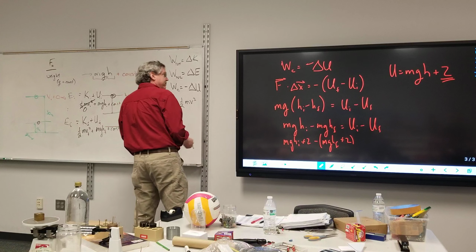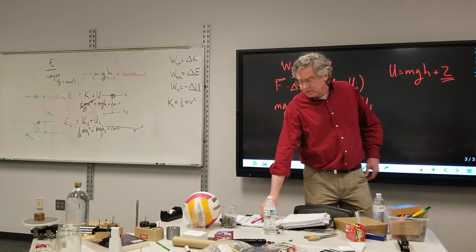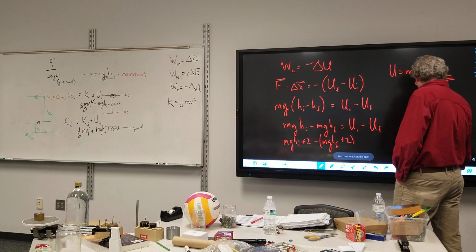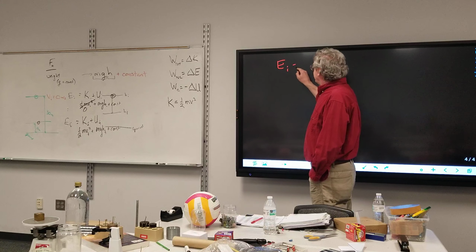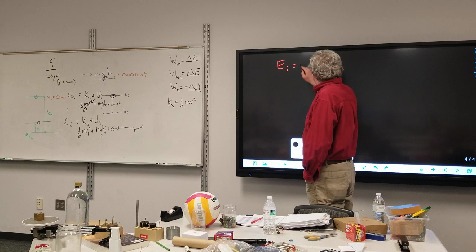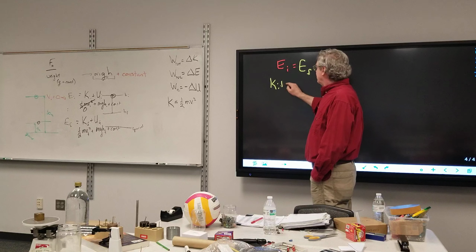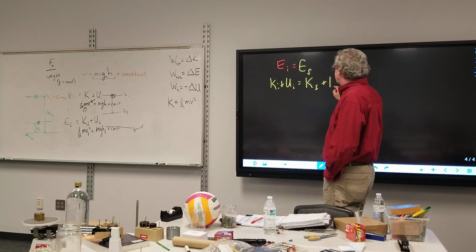All right, so what we have here, since energy is conserved, I have my initial energy equals my final energy. I have initial kinetic plus initial potential equals final kinetic plus final potential.